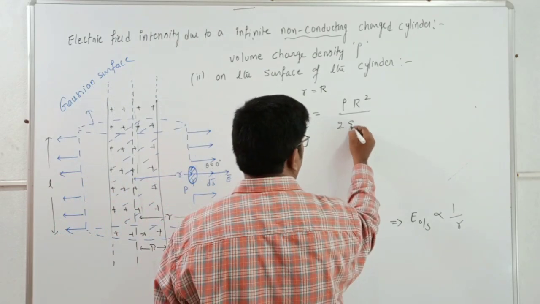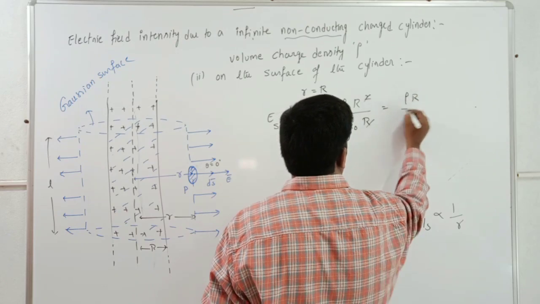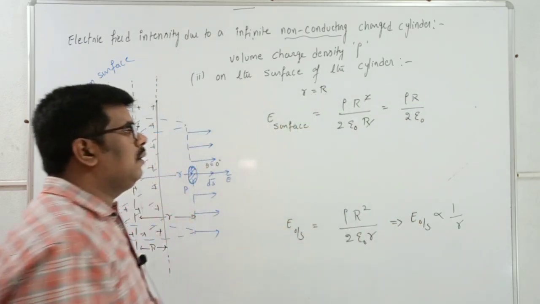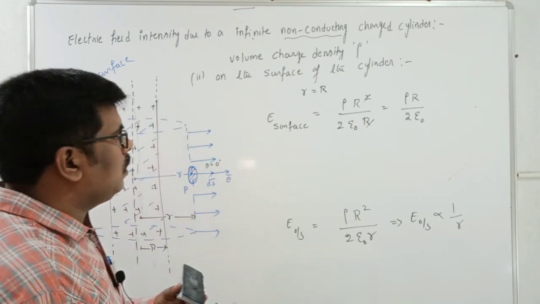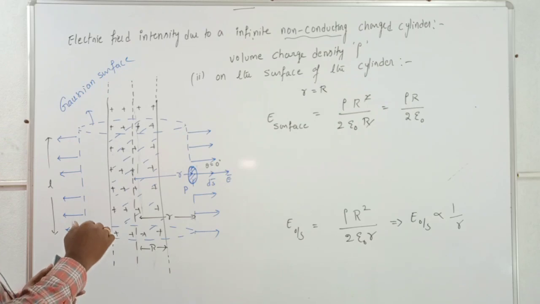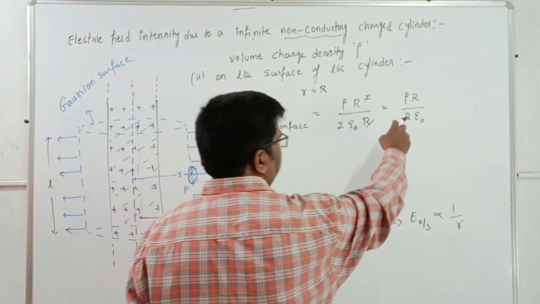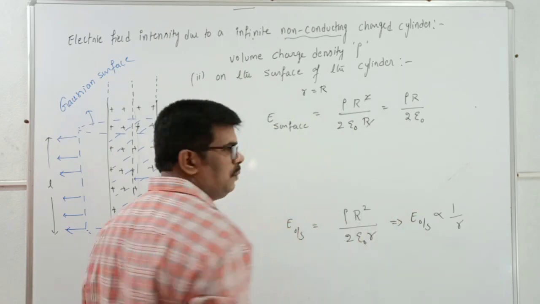You can observe here, capital R cancels. Then it is rho R by 2 epsilon naught. This is the electric field intensity on the surface. You observe on the surface it remains constant. It is the maximum value. Here there is no variable present in this expression.